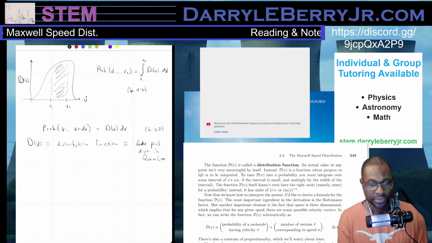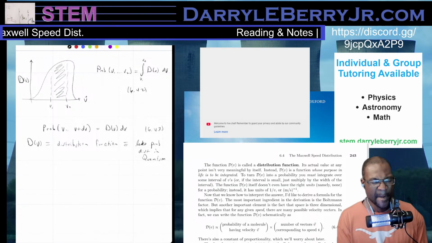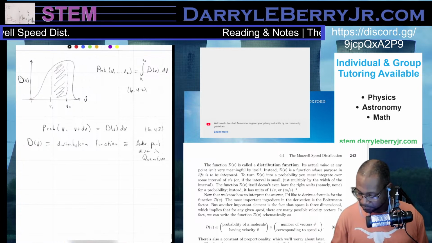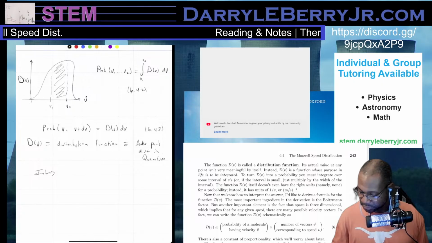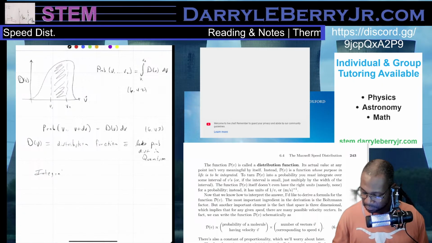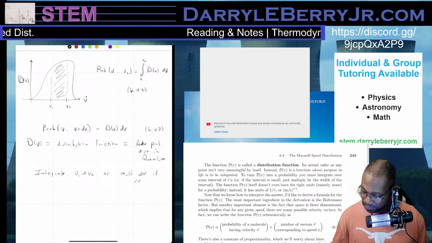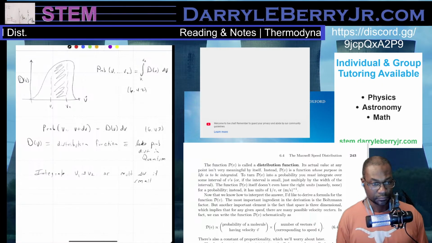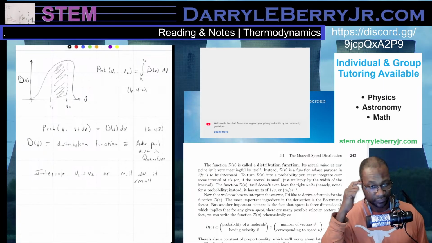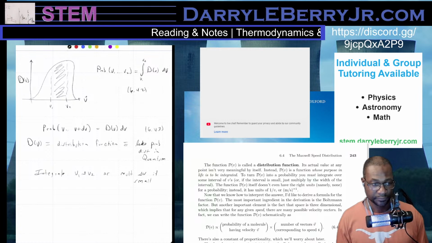Or if the interval is small, just multiply by the width of the interval. So that's something to keep in mind. Integrate v1 to v2, or change in v if small. The function D(v) itself doesn't even have the right units, namely none, for a probability. Instead, it has units of 1 over v, or meters per second to the negative 1.